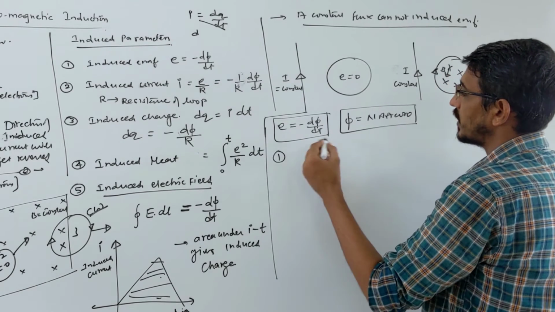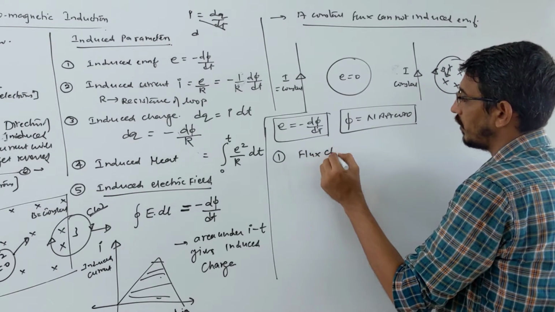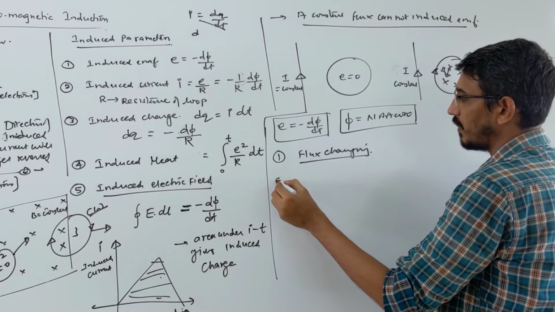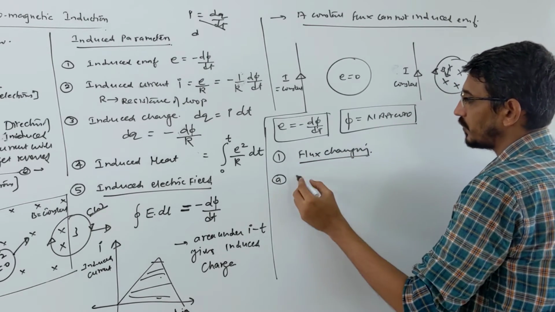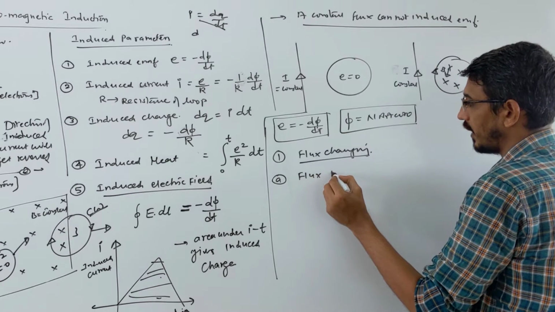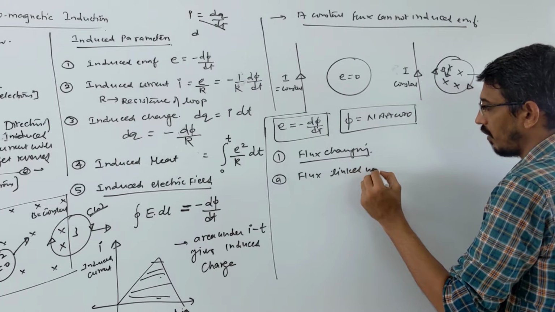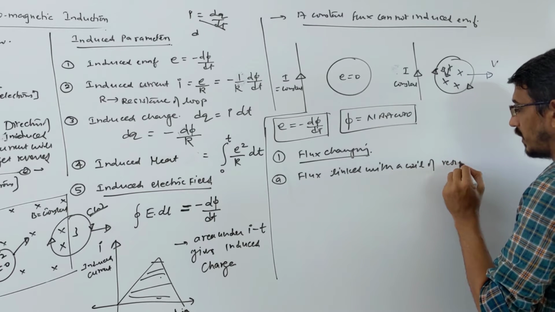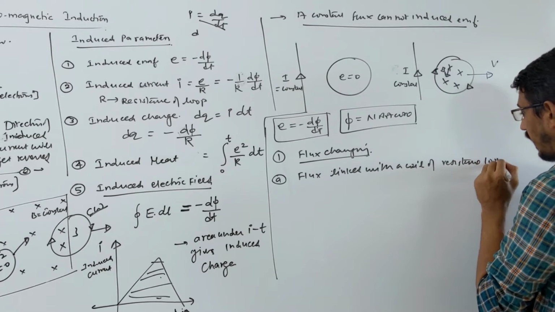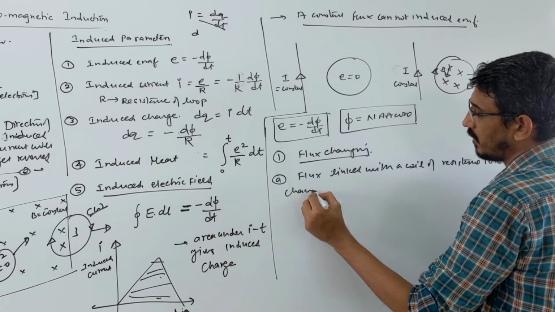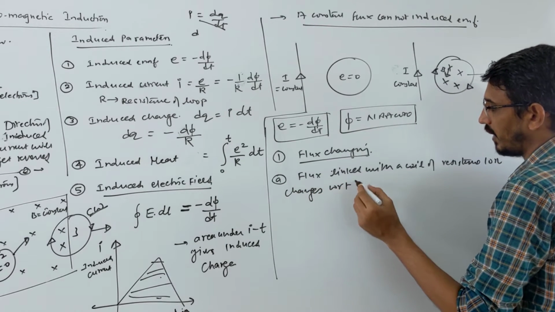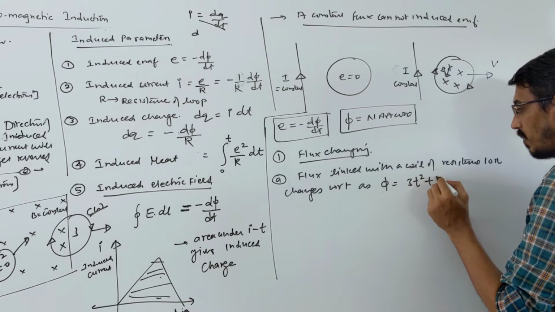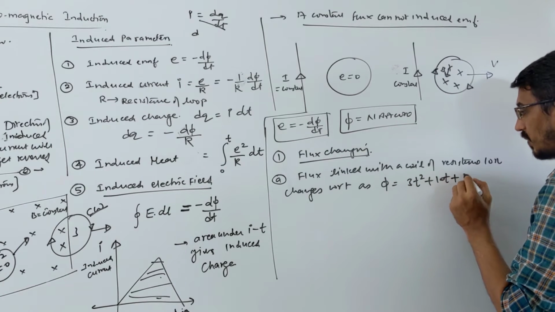First, I am directly writing like the flux change is given to you, and they are asking what is the EMF induced. So how do they ask the question here? I am writing one example. Suppose they say that the flux linked with a coil of resistance 10 ohm changes with respect to time as 3t square plus 10t plus 5.